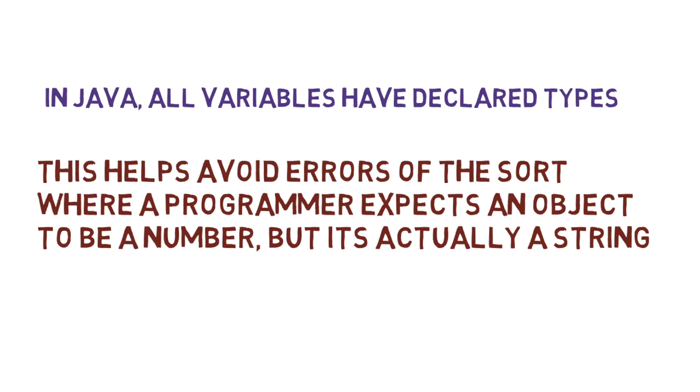Leaving that wrinkle aside, all variables in Java have to have declared types. What does that mean for type safety of a collection? This basically means that Java enforces type safety for a collection. And this it does using something called generics. And we'll see that in a little bit.